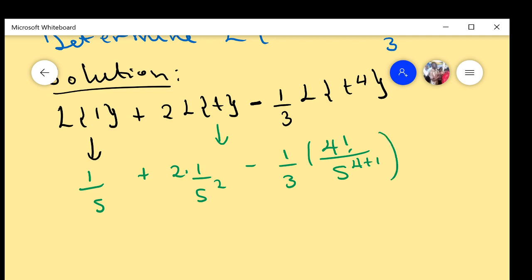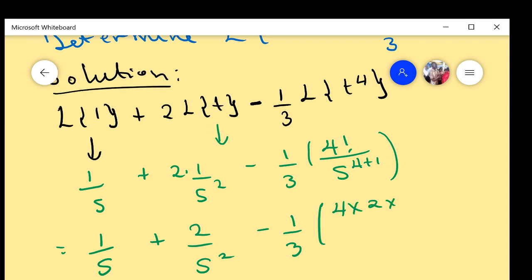So we have 1 over s plus 2 over s squared minus 1 over 3 times 4 factorial, which is 4 times 3 times 2 times 1, all over s raised to the power 5.